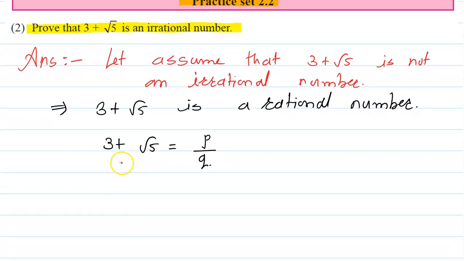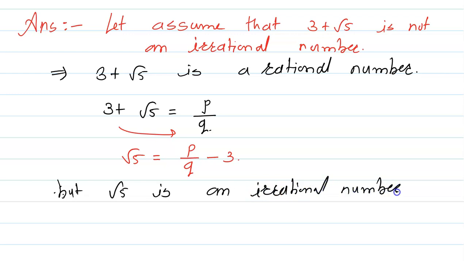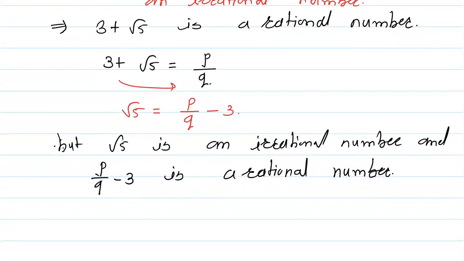After shifting the 3 from LHS to RHS, we get root of 5 equals p divided by q minus 3. After simplifying p divided by q minus 3, we get a rational number. But root of 5 is an irrational number, and p divided by q minus 3 is a rational number, and a rational number can never be equal to an irrational number.